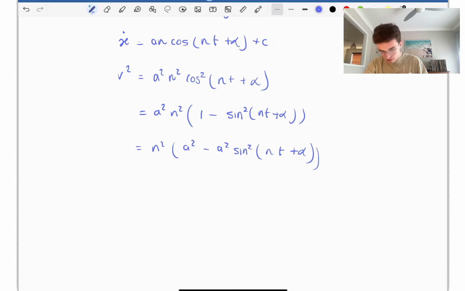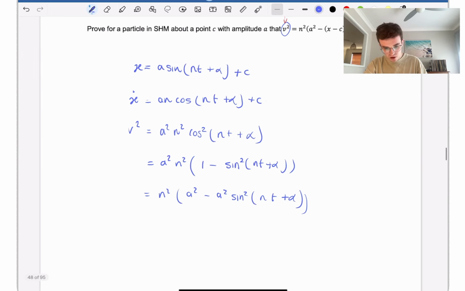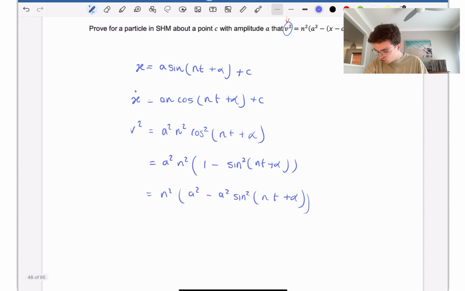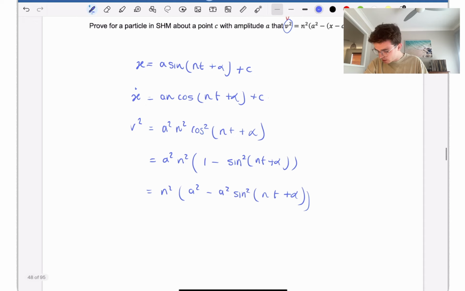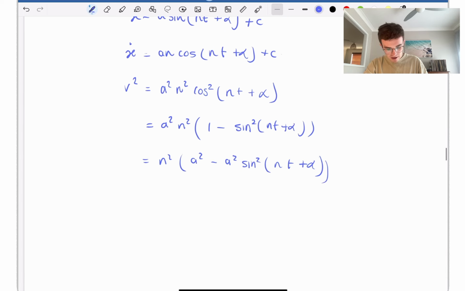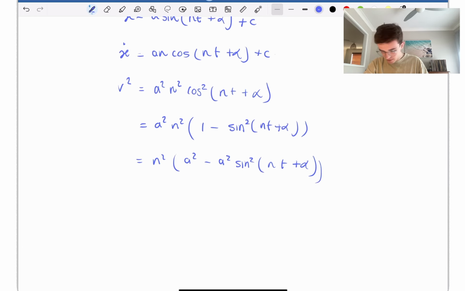Then the next thing we might do is work with the other equation. What have they done here? They've realized that this is a difference of two squares, I'm pretty sure.